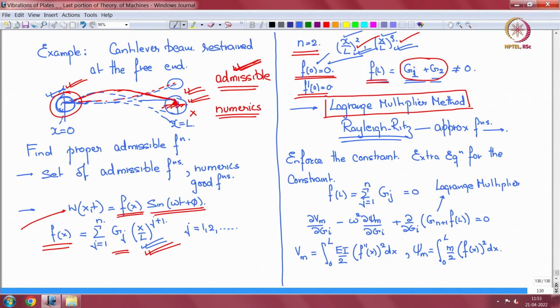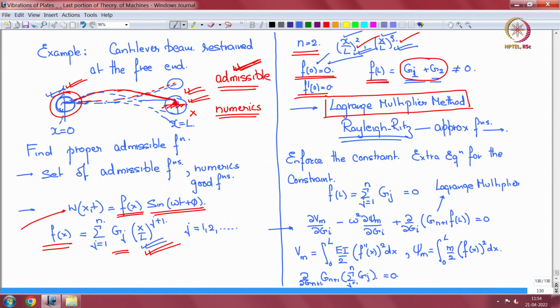So if you augment this set of equations with the last equation, which is g(n+1) into the summation of gj, j equal to 1 to n, and take the derivative with respect to g(n+1) and set it to 0, these are the new set of equations.